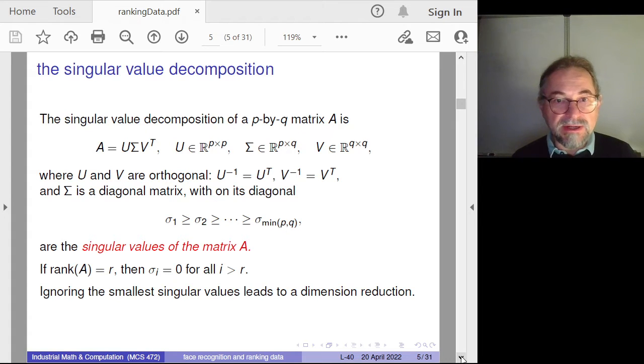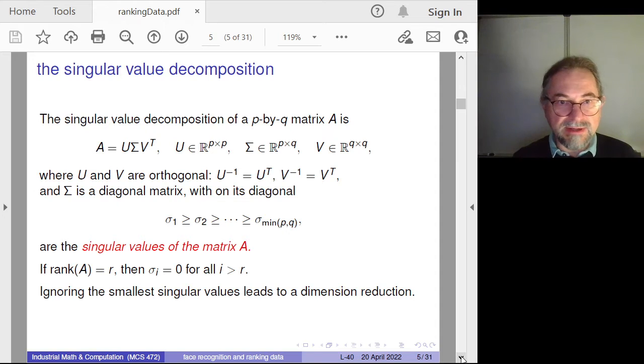I mentioned on the previous slide that the number of vectors you need to span the subspace spanned by all facial images is modest compared to the entire subspace of all images.